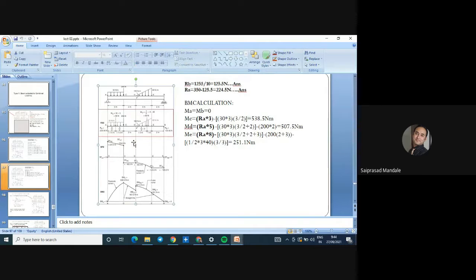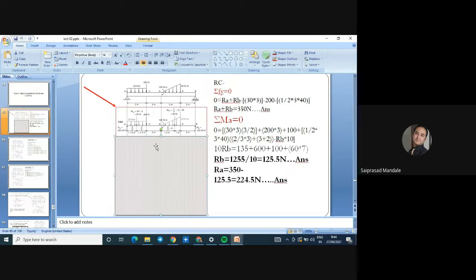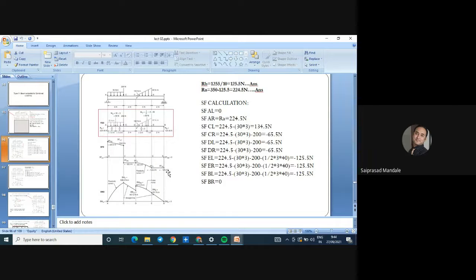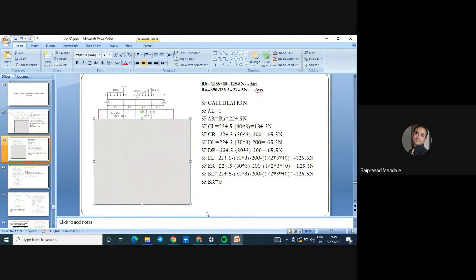Now I wish to draw shear force and bending moment diagram. Just give me a quick instant reply for the pattern of the diagram which is to be drawn when the shear force diagram is to be drawn.